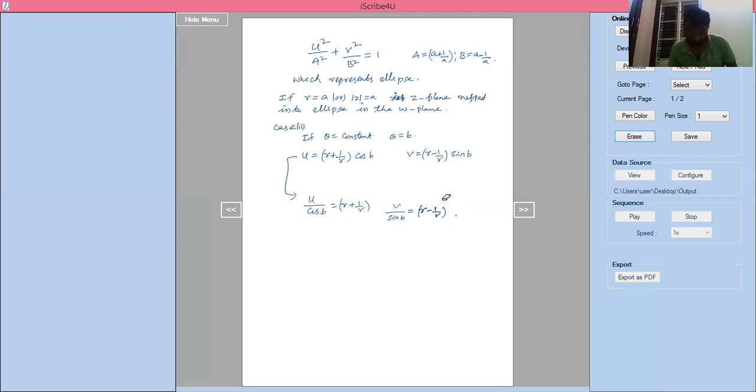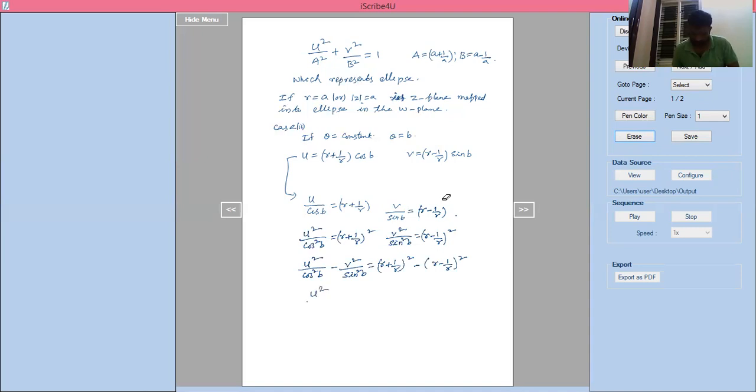What you will get now: u square divided by cos square b equal to r plus 1 by r whole square, and v square divided by sin square b equal to r minus 1 by r whole square. Now, if you subtract, u square divided by cos square b minus v square divided by sin square b equal to r plus 1 by r whole square minus r minus 1 by r whole square.